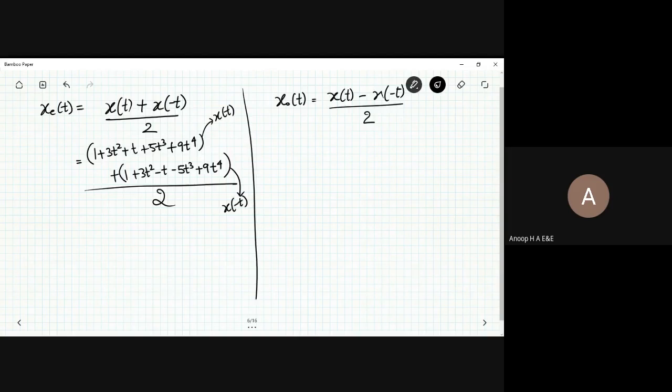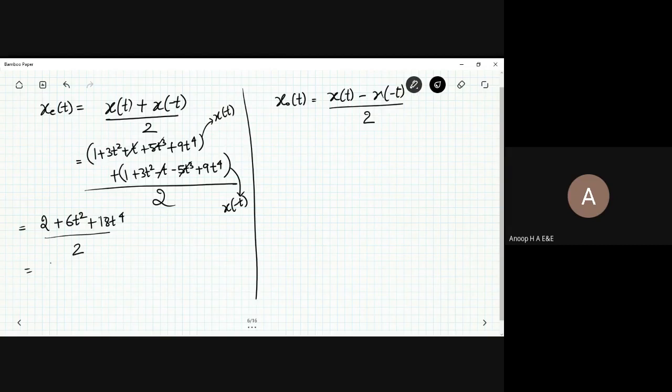So let us compute the even component. 1 plus 1, 2, plus 3t squared plus 3t squared, 6t squared; minus t and plus t get cancelled; plus 18t power 4. Minus 5t cube and plus 5t cube also get cancelled, and you are left with this equation.